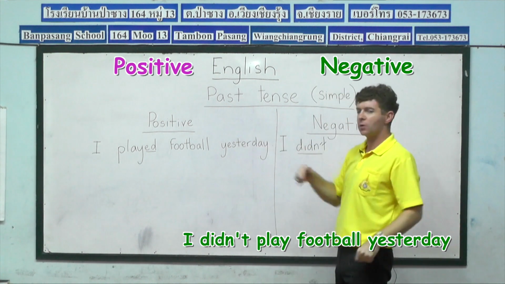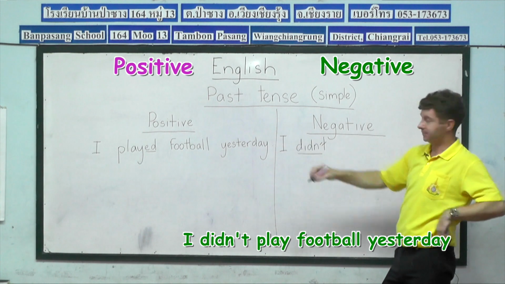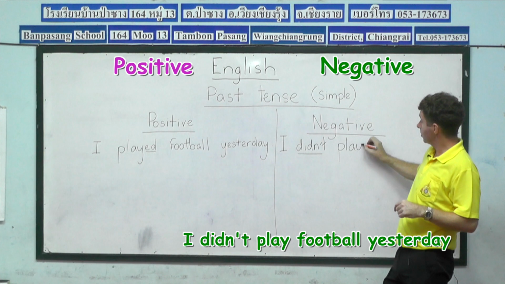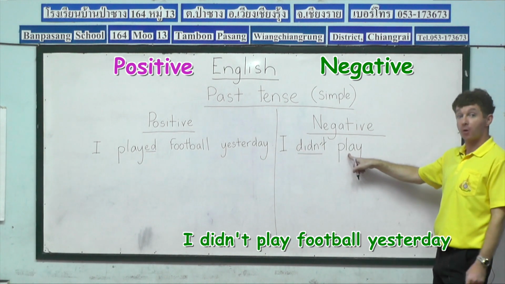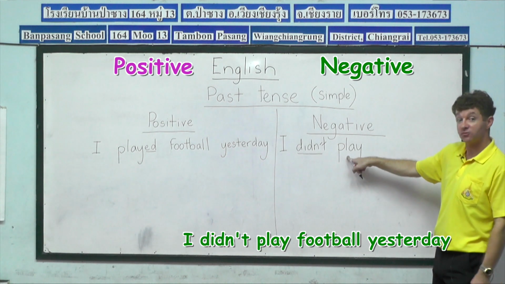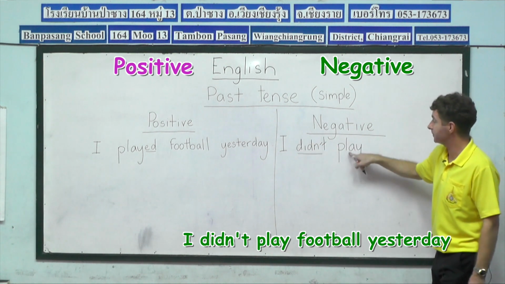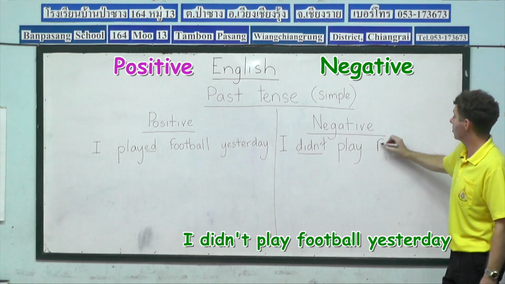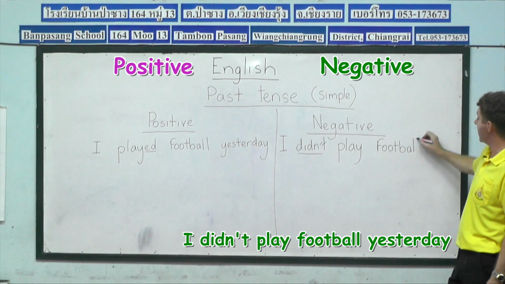So what didn't we do, guys? I didn't play. Now remember, for negative statements, we can use the original verb word. We don't need to change. If it's negative, we always use the original verb word. I didn't play football. F-O-O-T-B-A-L-L.